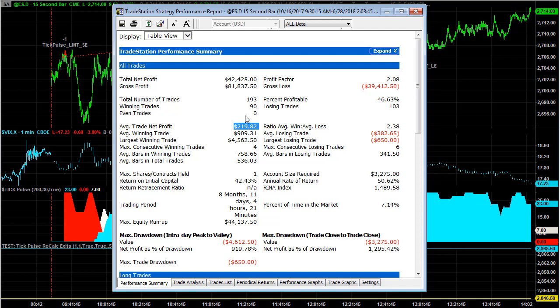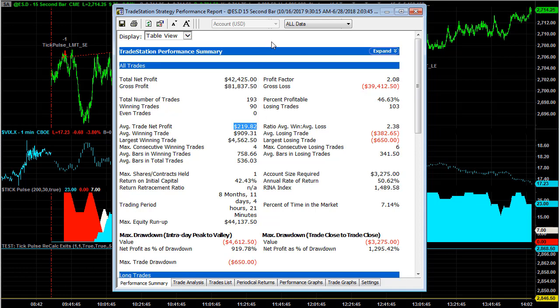On $58, it's going to affect you by about 50% of the profits. So if you have average trade net profit of $50, and then you take out $25 for slippage and commission, that's half your gains. If you have 219, you take out 25. It's a smaller percentage, about 12% of the total net profit.